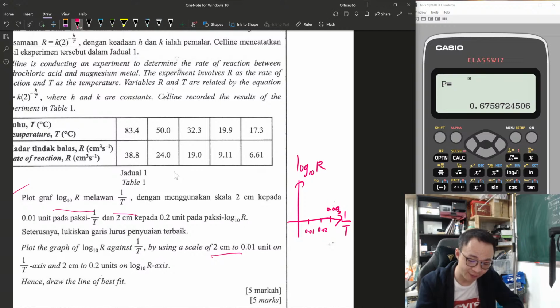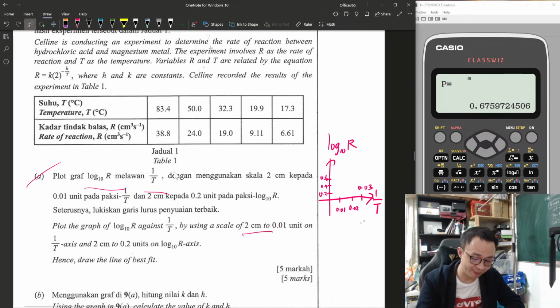Oh, it's very ugly. Okay, and 2 centimeter for 0.2 units on the log axis. So this one is sort of like 0.2, 0.4, 0.6 and so on. Okay, so this is all the information we have for part A, 5 marks.